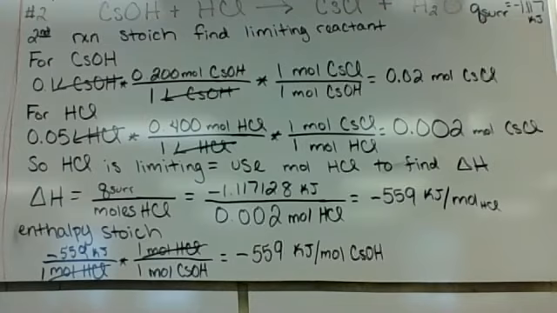You take your mass of each reactant and add them together. That gives you the mass of the reaction. Then you can use Q equals mC delta T to find the heat of reaction. Then you flip the sign because you want the surroundings.